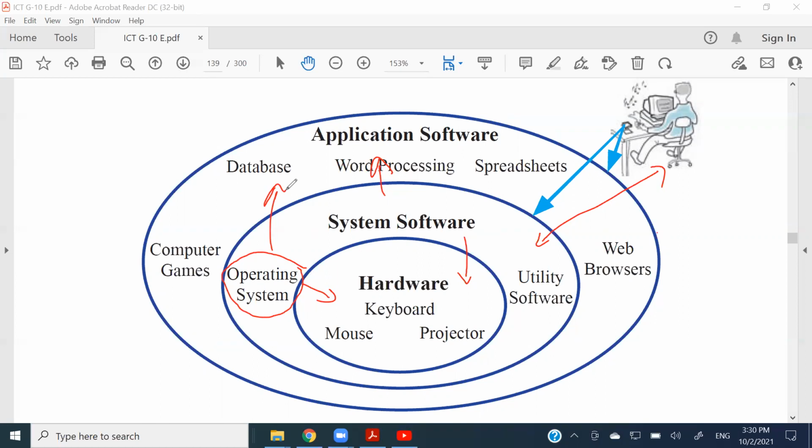If you don't have Android or iOS or any other operating system on your phone, you won't be able to download apps from the Play Store or the App Store. So the operating system is the one allowing you to handle the application softwares in your computer. That is why when viruses try to attack the computer, they tend to attack the operating system.